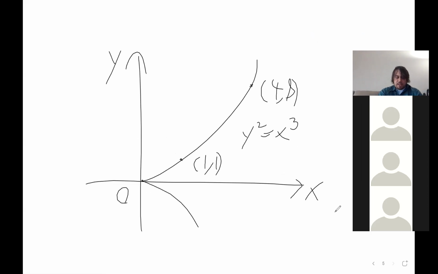That's the graph. The graph has a part above the x-axis and below. We're only looking at the part between these 2 points. We want to know the length of this part connecting those 2 points on the curve. So the question is, what is the length of that? Keep in mind, we're going from x equals 1 to x equals 4. That's alluded to from the points.